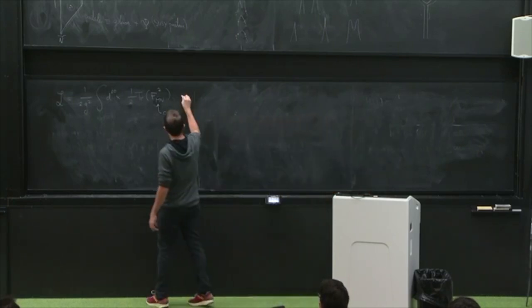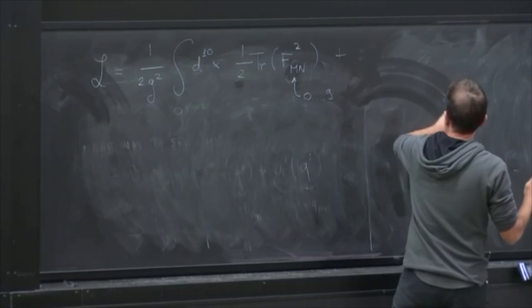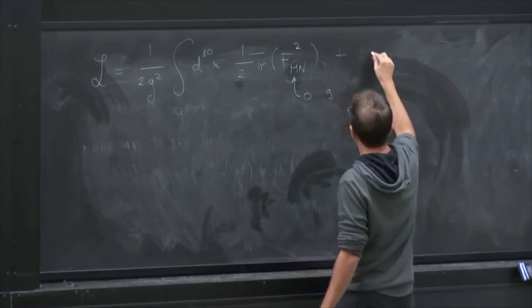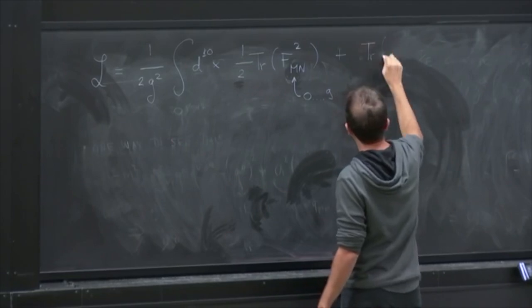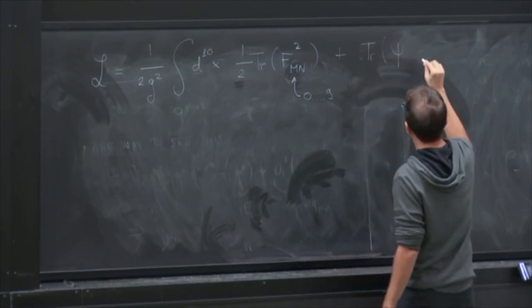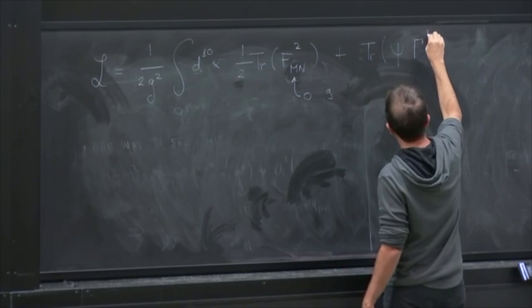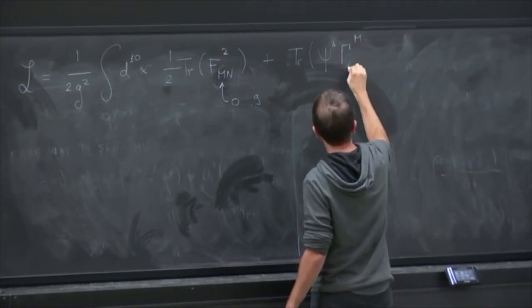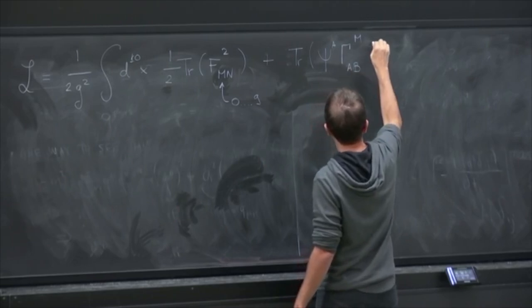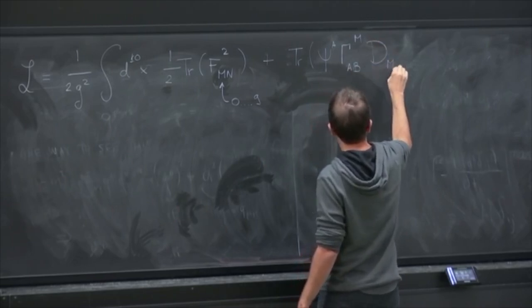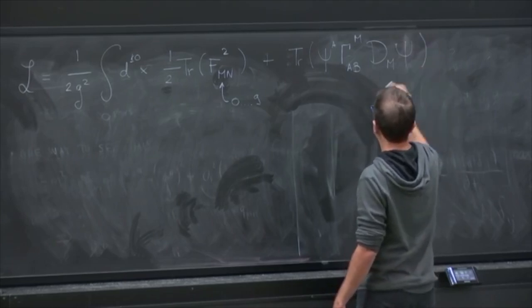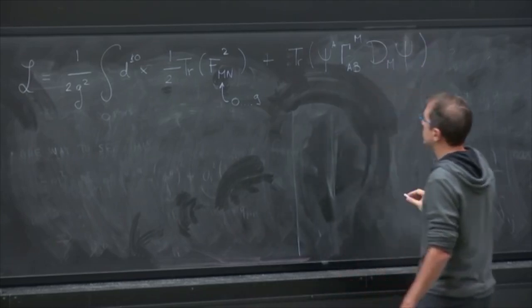Plus, and then in a superstring, there are bosonic and fermionic degrees of freedom. The fermion ones would be the trace of psi, gamma^M, D_M psi.